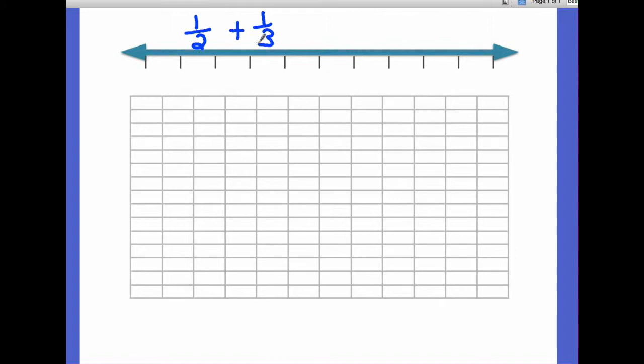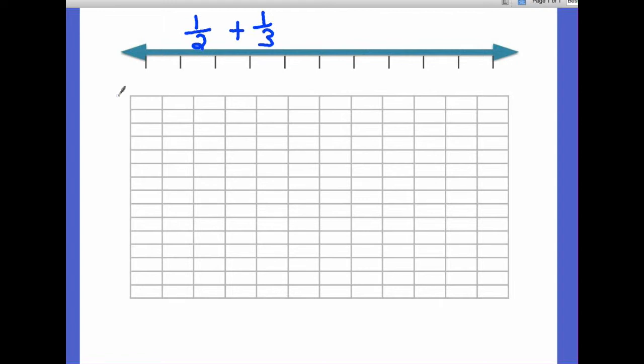So, I kind of like to look at the way they do it, and then I kind of tweak it a little bit. Some of you guys go kind of out of control with your coloring, so I've thought of a different way to do this. Look at your denominator. The first one in the problem is how many you're going to go over.